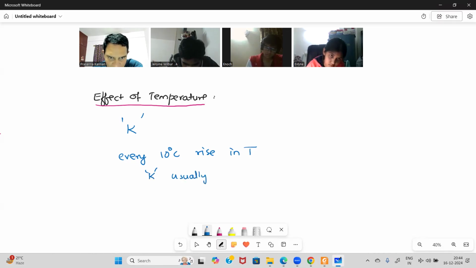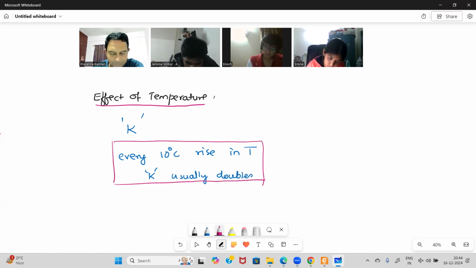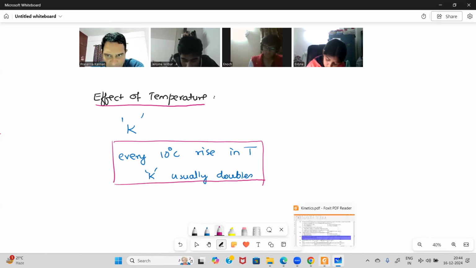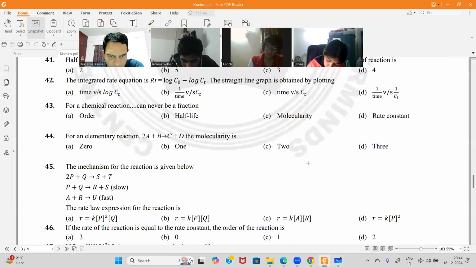In some cases, it triples. Okay, this can be helpful. And there is an equation which actually governs this effect of temperature. Okay, I'm going to show that equation to you now.